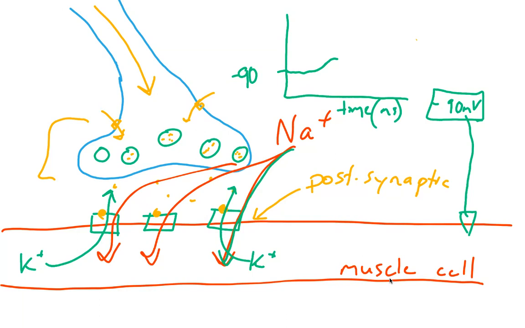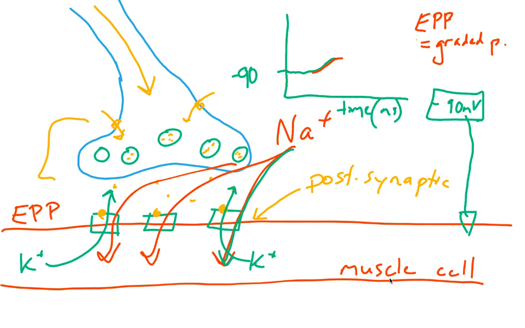And if you recall, we had called that an end plate potential, or an EPP. So this increase in charge here is an end plate potential. Now, what I'm going to do is layer in a new term. This end plate potential is a type of graded potential.